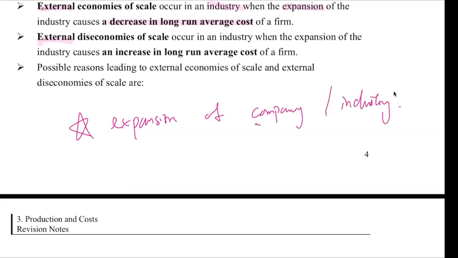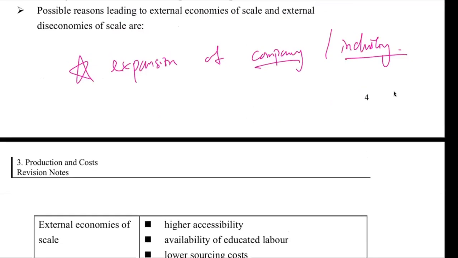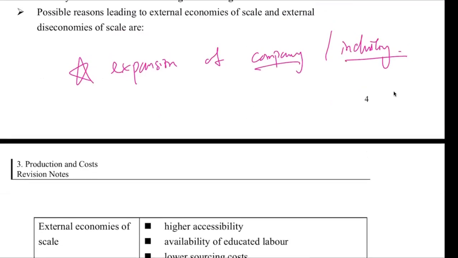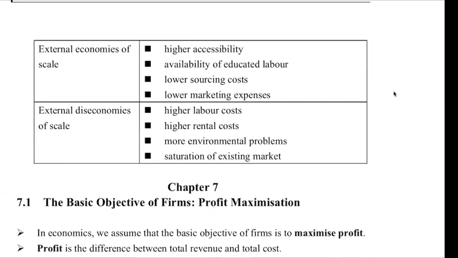It is very important to identify whether it is internal or external. If you take the wrong side, you will lose all the marks for that question. But once you identify correctly, you can use the memorized points to get the marks.